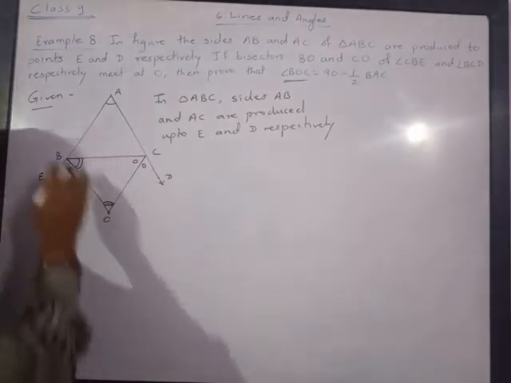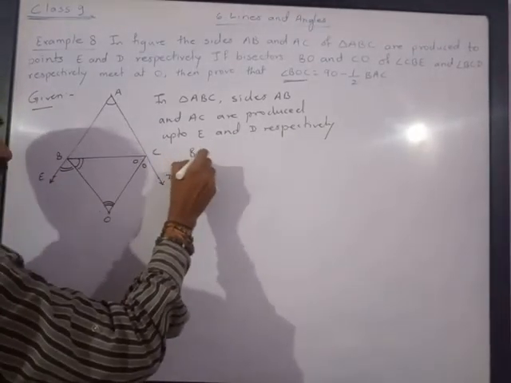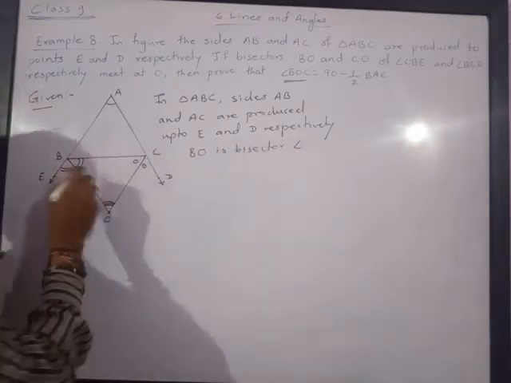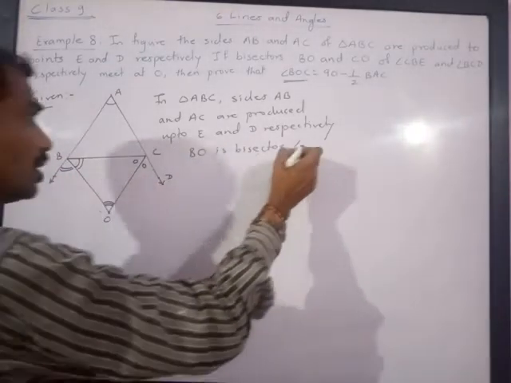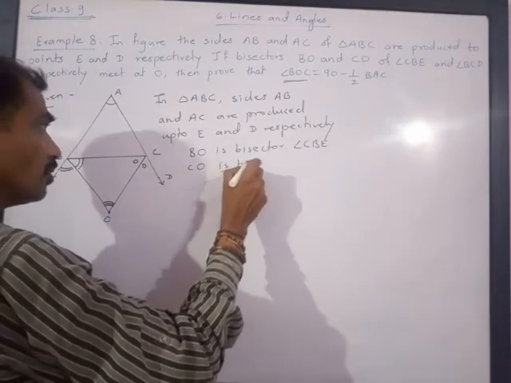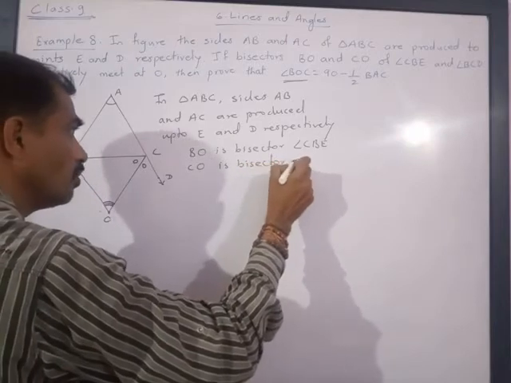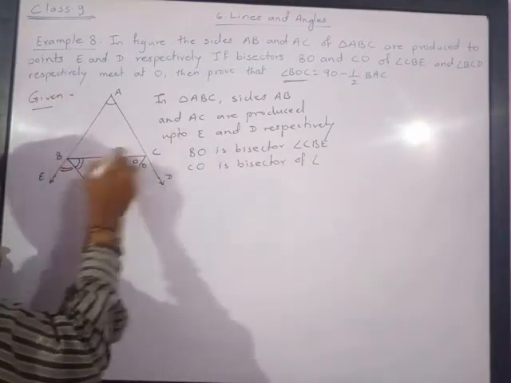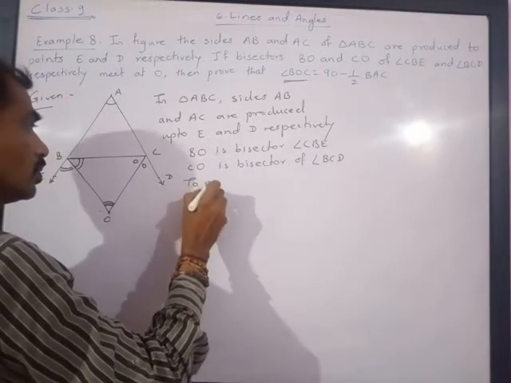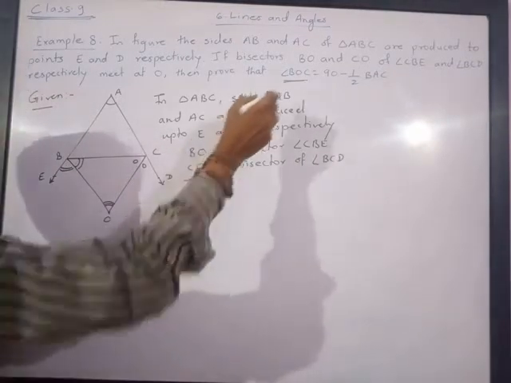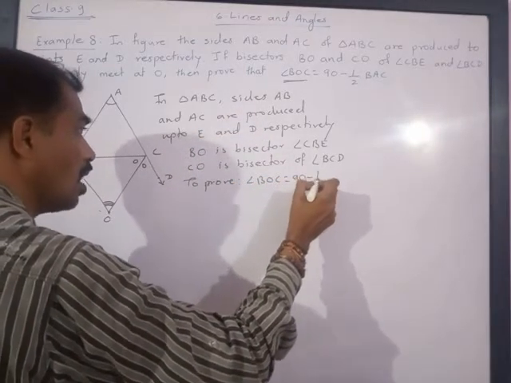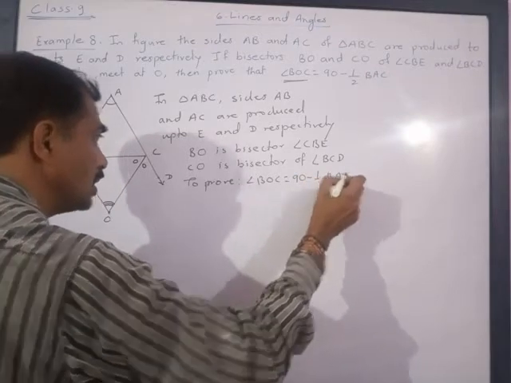Then we are also given that BO is the bisector of angle CBE, and CO is the bisector of angle BCD, and we are asked to prove that angle BOC is equal to 90 minus half of angle BAC.